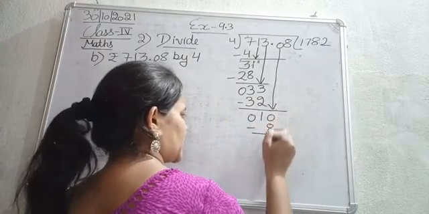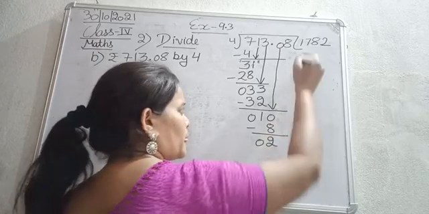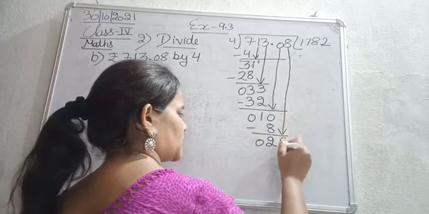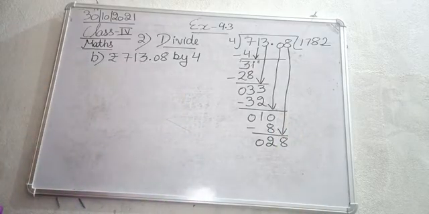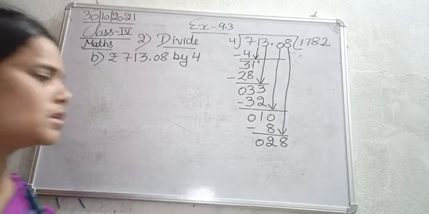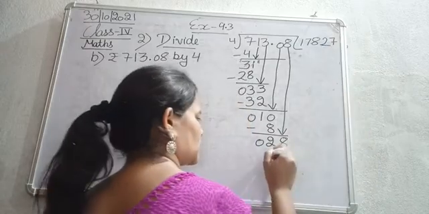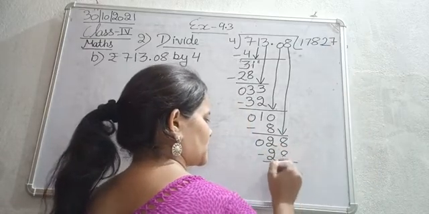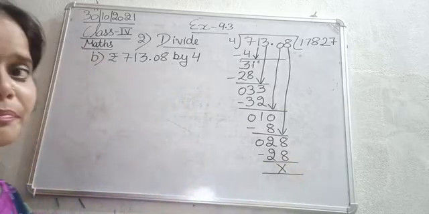So 10 minus 8, 2. Bring down the next, that is 8. So 28 divided by 4. So 4 sevens are 28. 28 minus 28, nothing is left.